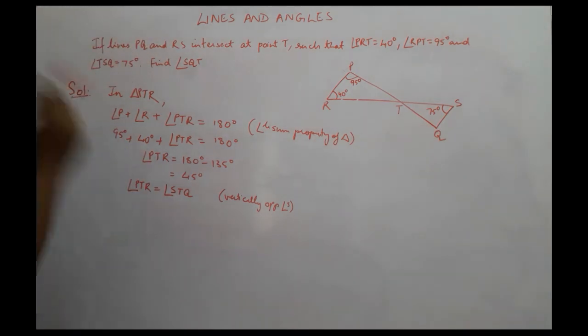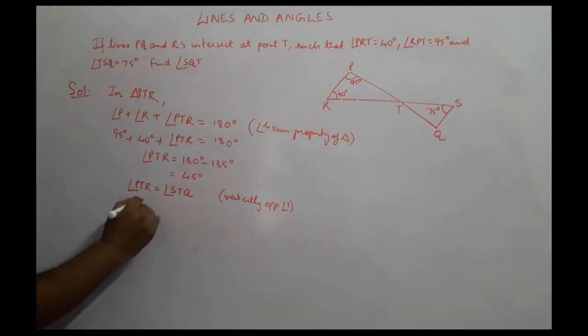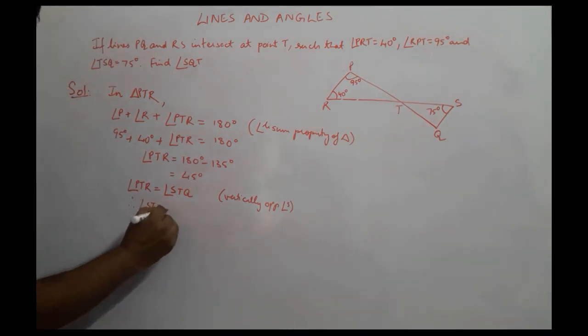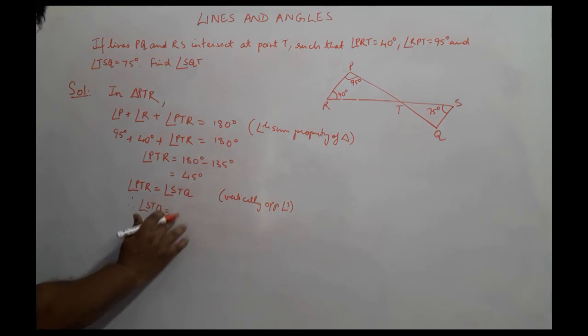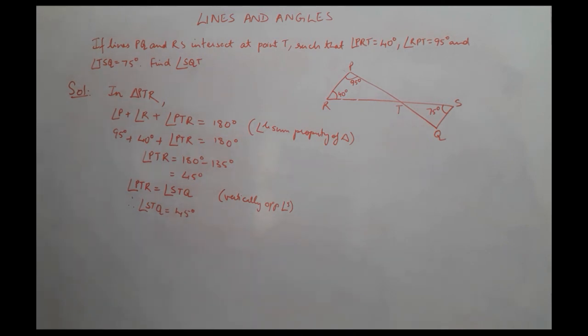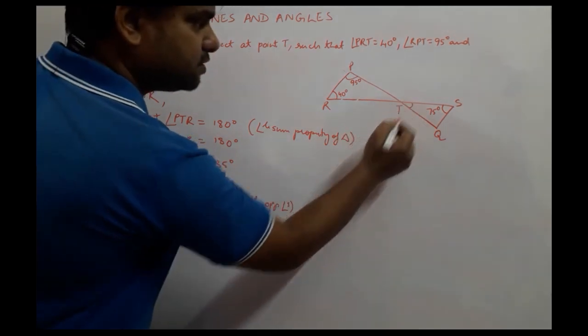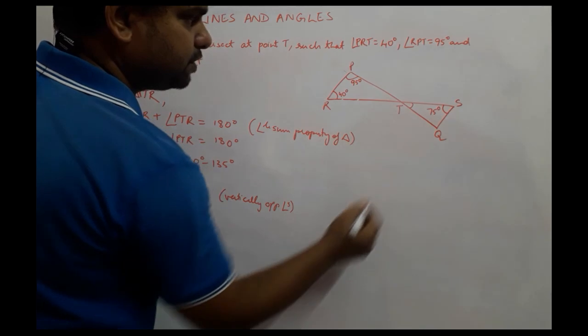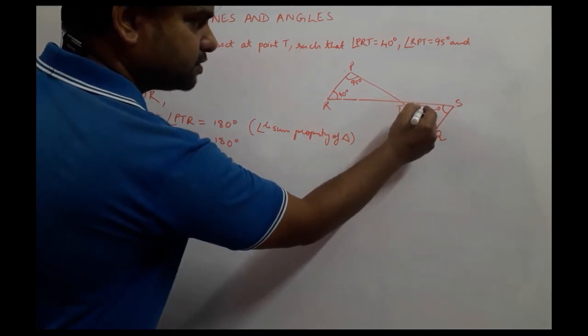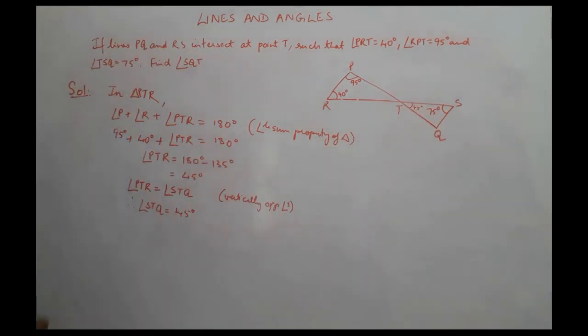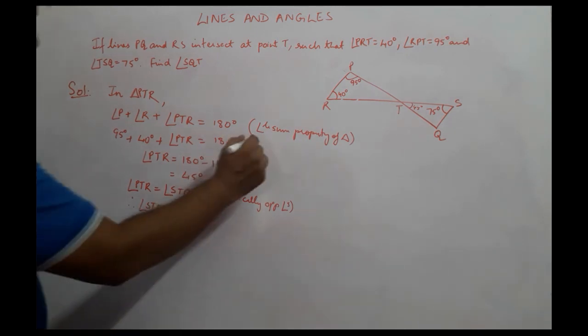So vertically opposite angles. So therefore we can say angle STQ is equal to 45 degrees. So now we know this angle. We need to find SQT. So this is 45 degrees. Now we need to find SQT. So what we do is put it over here.